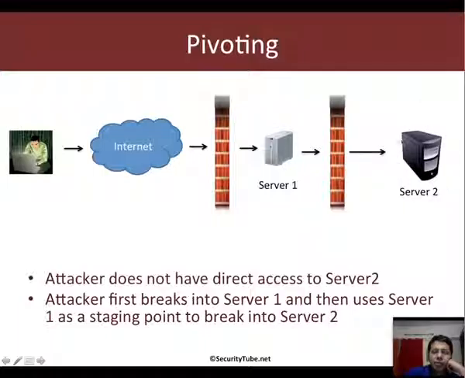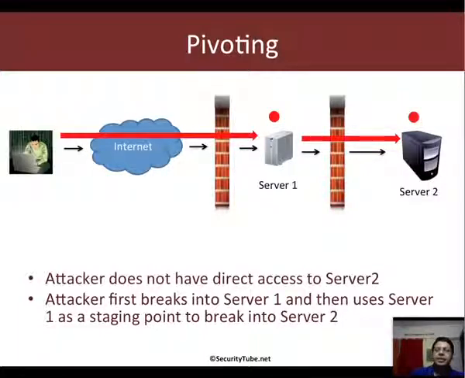Maybe this is the email server or something or the other. The only way the attacker can break in is first to break into server 1 and then use that as a staging point to break into server 2. This process is called pivoting, and server 1 is the pivot into the rest of the network.